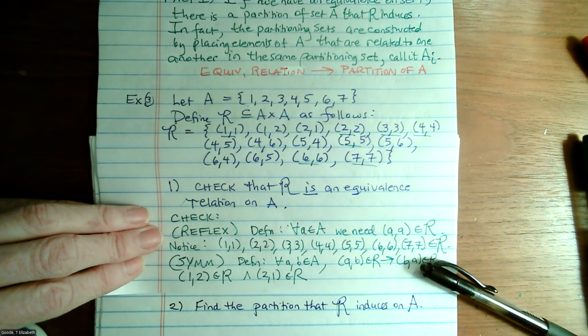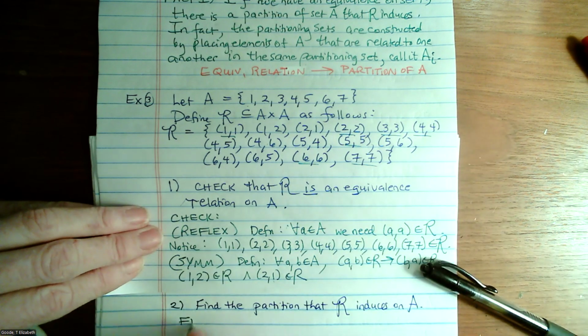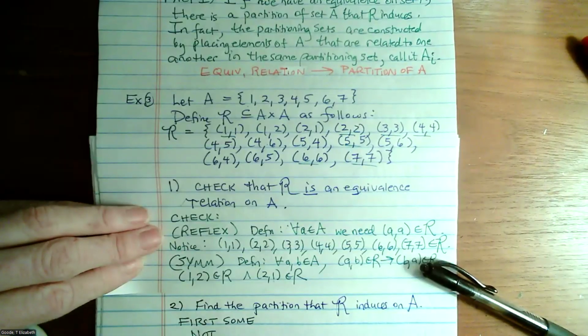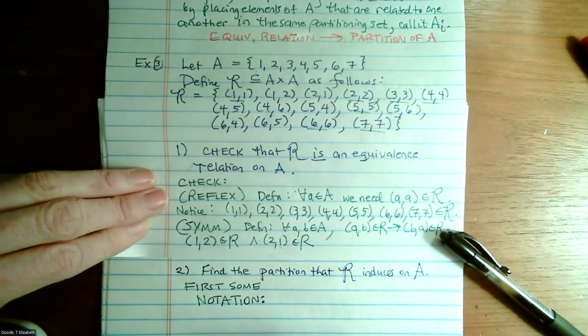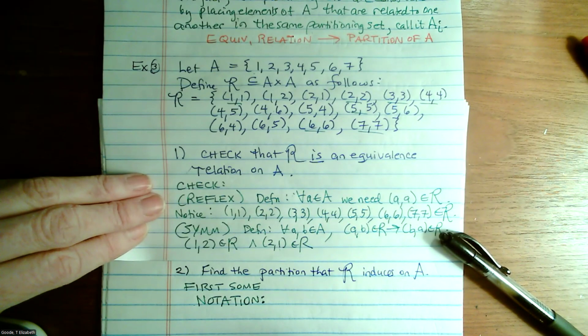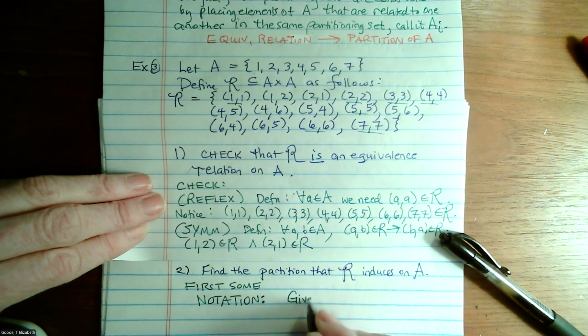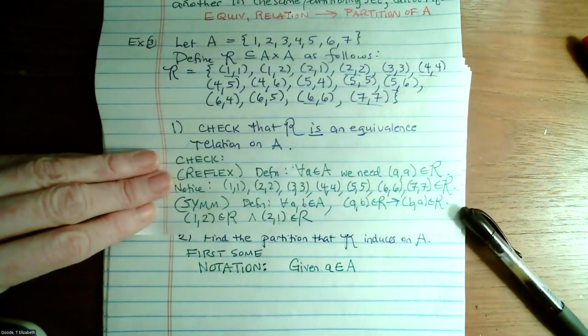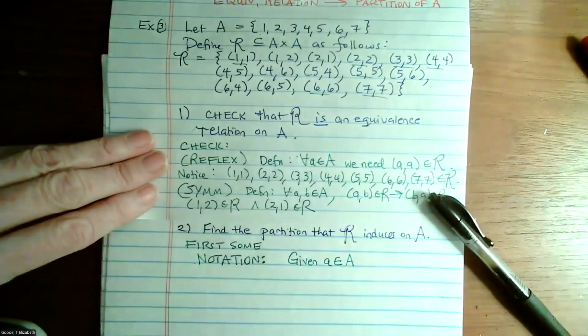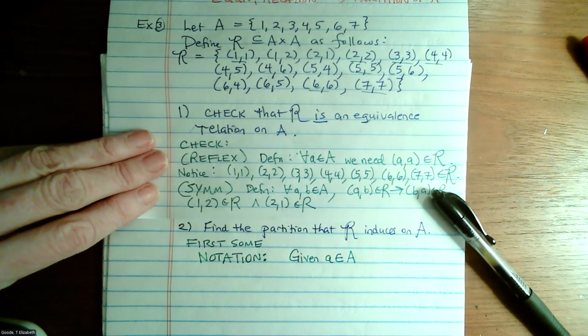So I want to show you a little bit of notation, because we have a notation that helps us talk about these subsets that are going to be the elements of the partition. Given an element, say little a, in the underlying set A, so it would be like 1 or 2 or 3 or 4 or 5 or 6 or 7, this is our definition.